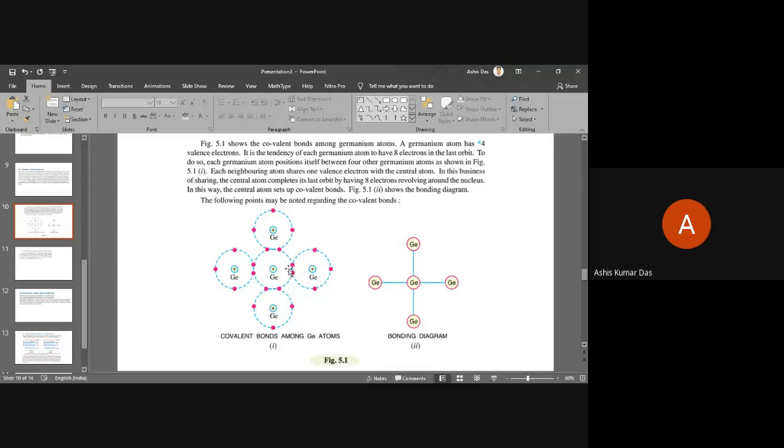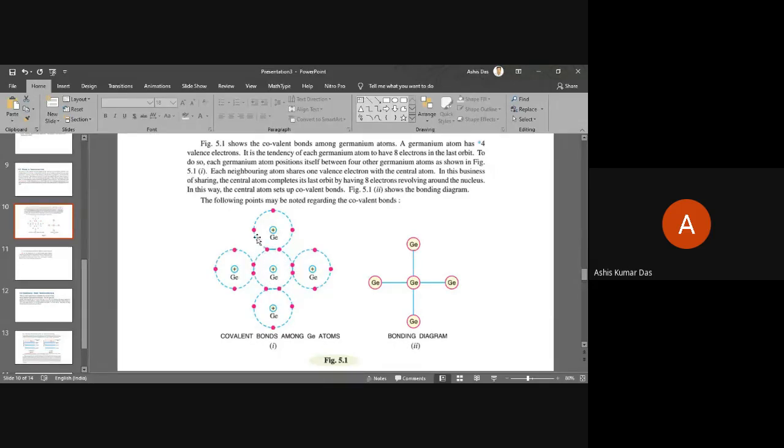The central atom in the outermost orbit has the valence electrons: there are 1, 2, 3, and 4 valence electrons, and it is also sharing or using the electrons of neighboring atoms to make covalent bonds, and these have 8 electrons in the outermost orbit. So how are we making this? It has 4 own electrons in the outermost orbit, and the remaining 4.